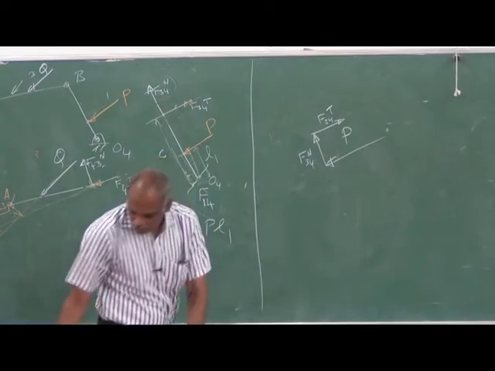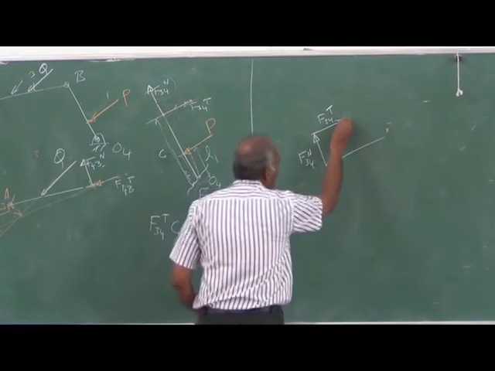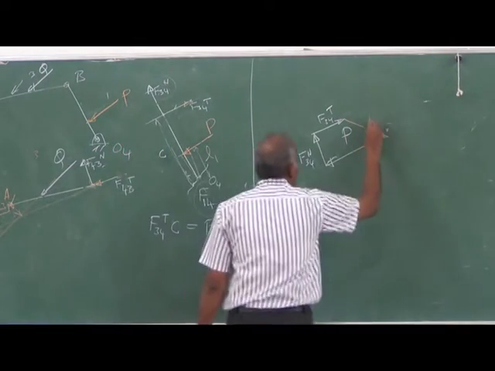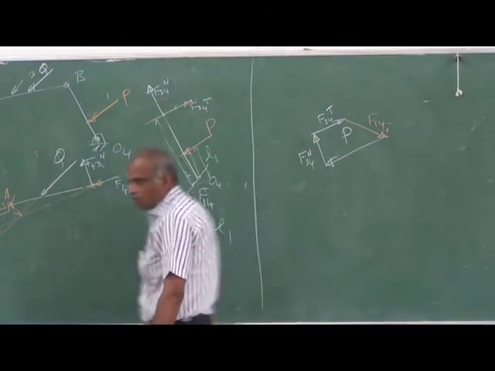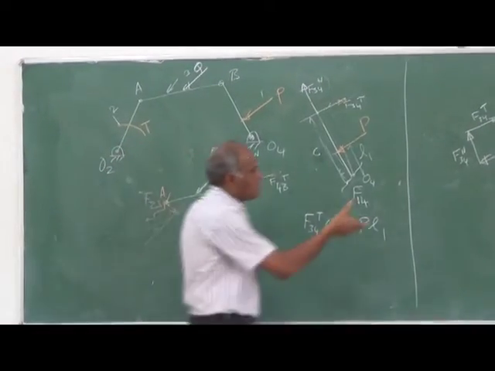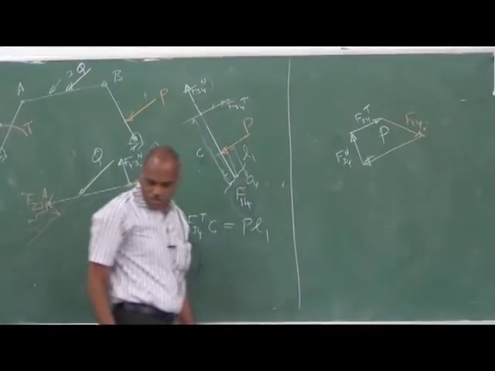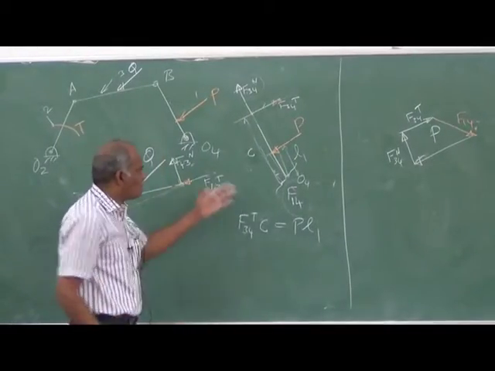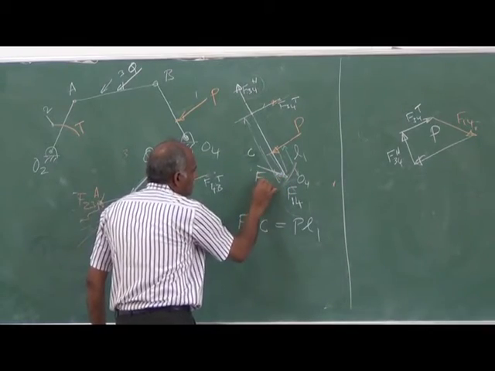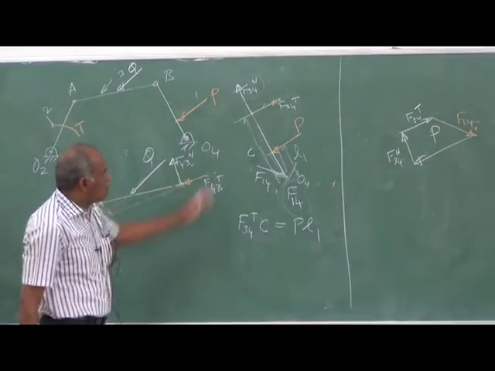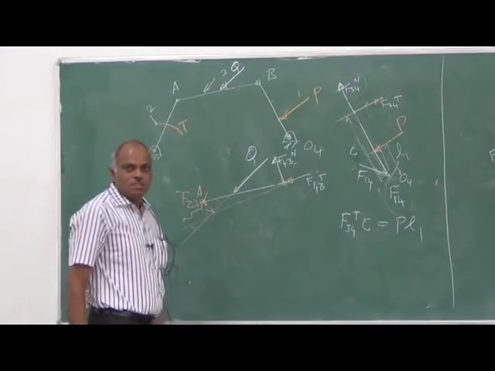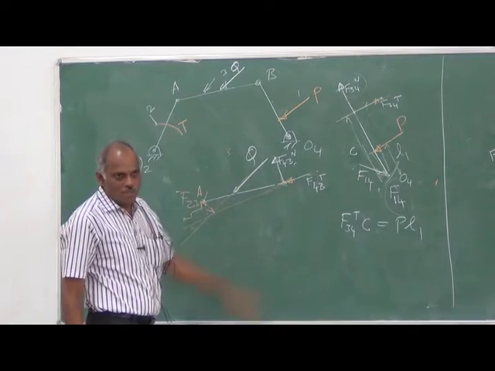Now the closing side of this will be my F14. So if I draw this polygon to the scale, after completing it you can take this magnitude and multiply with the scale, you can get what is this F14. So this also will be now complete. So now about this linkage 4, all the forces are now known to me.